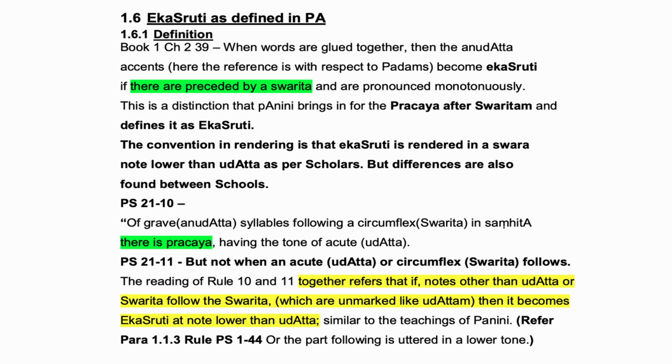So you read statements 10 and 11 together. The unmarked akshara or letters that come after a Swarita, and follow an Udata or a circumflex, are rendered very monotonously, and this concept is the same as the Ekashruti explained in Panini's Ashtadhyayi. There is also a supporting rule in the Pratishakyam chapter 1 rule number 44.